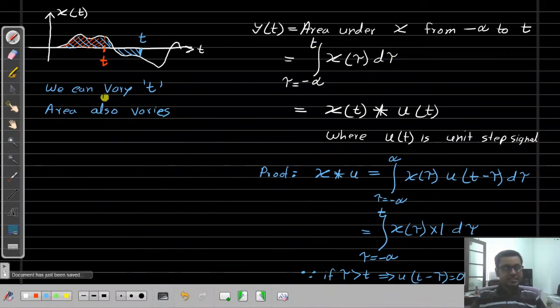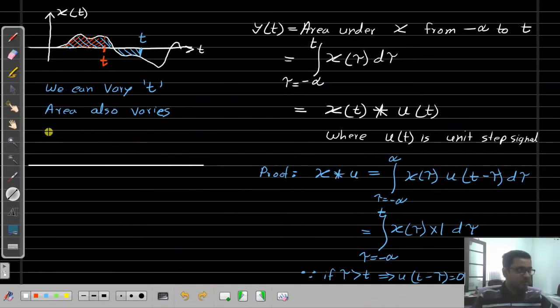Okay, but there is a nice visualization of this formula, and you can visualize it in this way. Let me draw u as a function of time. So we know that u looks like this. This is u(t) or u(tau).